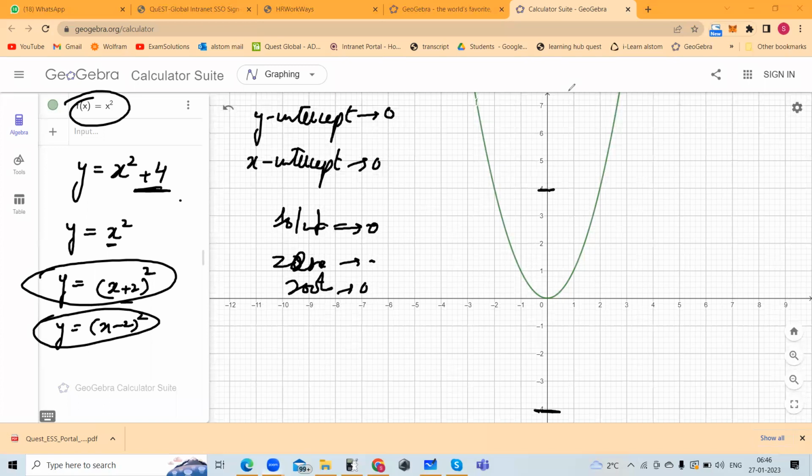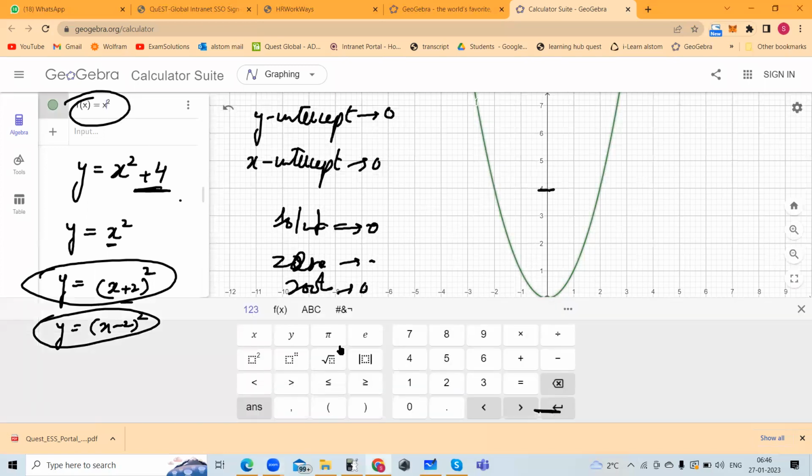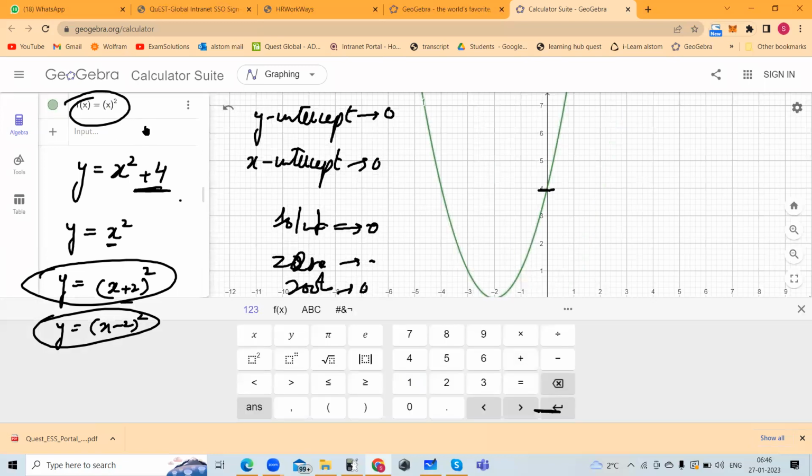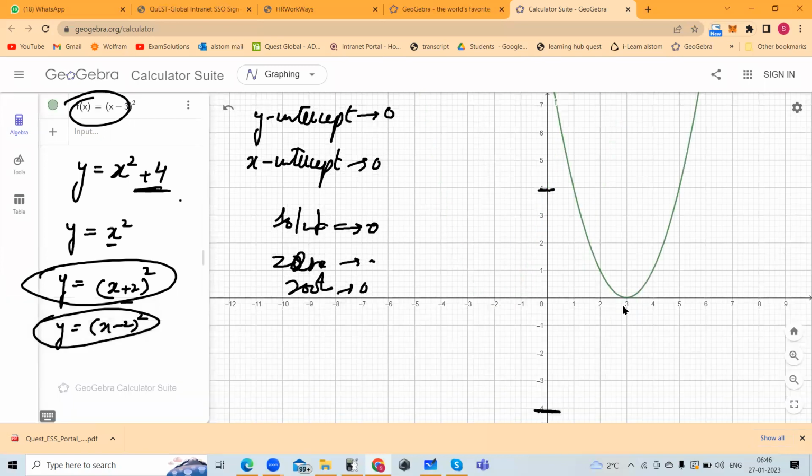See here, I'll be showing it. So you're having x plus 2 whole squared. Enter. So you're going left 2 units. Your x-intercept is -2. Now, if you want to go to the right, then you'll be subtracting the number, x minus 3, for example. So you're going to the right.